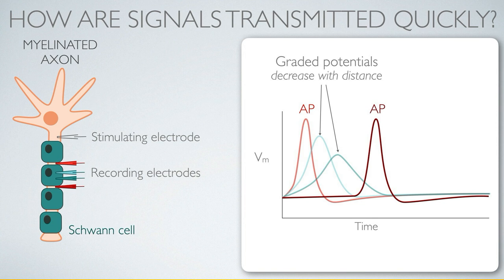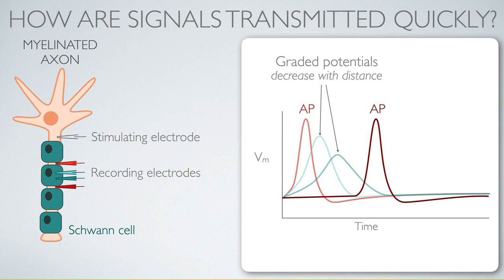Now, the advantage and the value of having the Schwann cells is that they allow for a more efficient propagation of the depolarization within the Schwann cells due to the insulating properties of those cells. Essentially the action potential is leapfrogging to nodes of Ranvier, skipping over any action potential that would occur within the Schwann cells. And that serves to really speed up the propagation of the action potential.